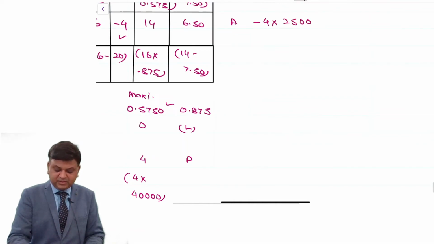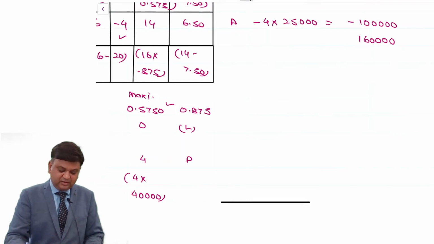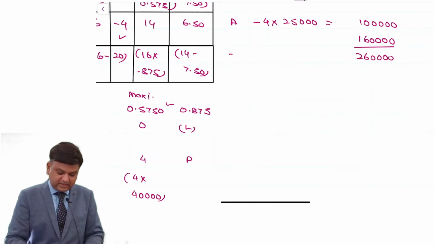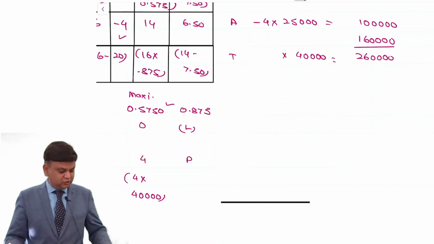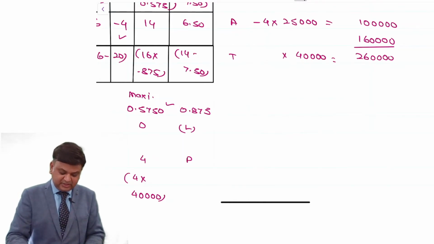It has 25,000 shares, so the total loss that it has sacrificed is 1 lakh. 1,60,000 is the advantage from the merger, so the total earning of the target company increases by 2,60,000. Target company's number of shares is 40,000. So 2,60,000 upon 40,000, the earning per share increases by 6 rupees 50 paise. That we can cross verify over here.